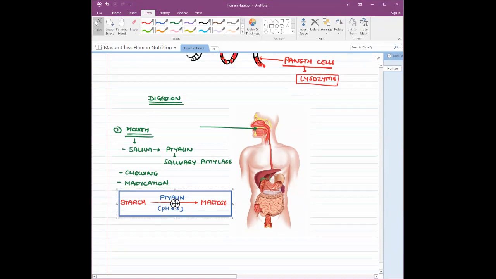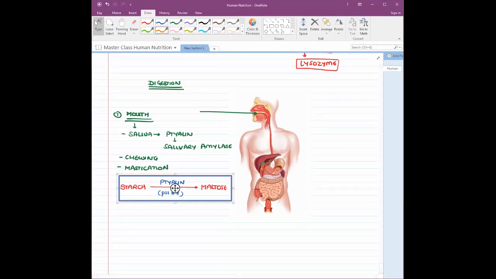So first is the mouth. Once you have finished chewing the food, what is the second thing you are going to do? Immediately you are going to swallow.